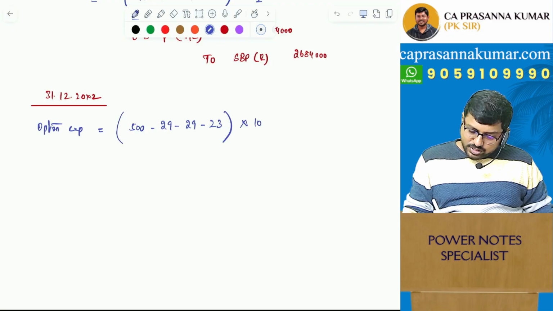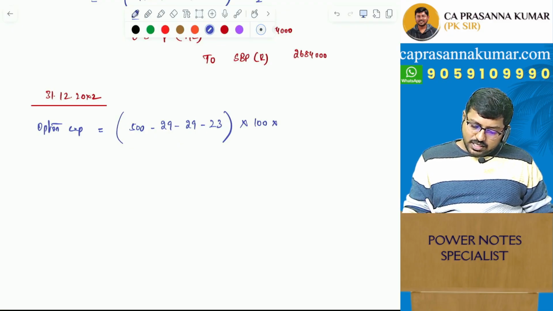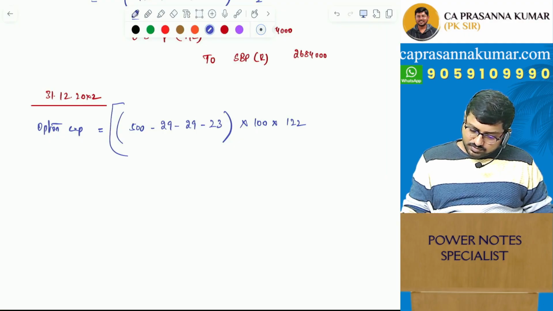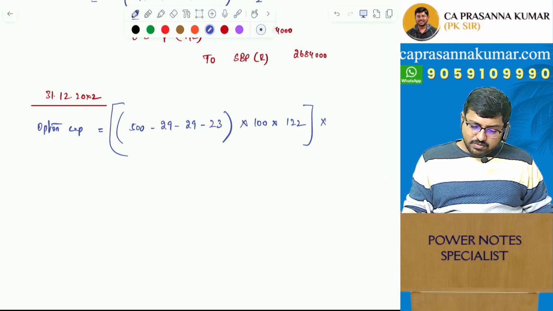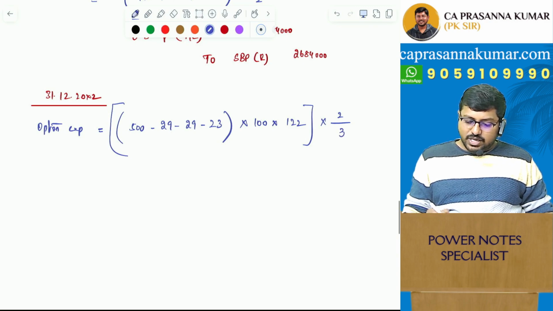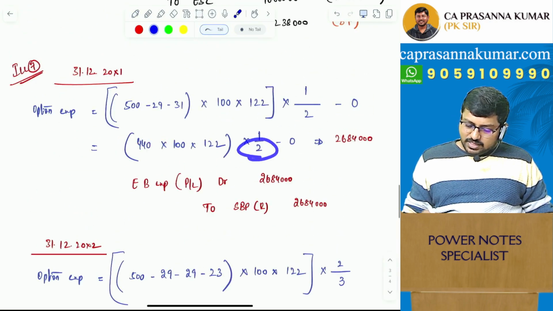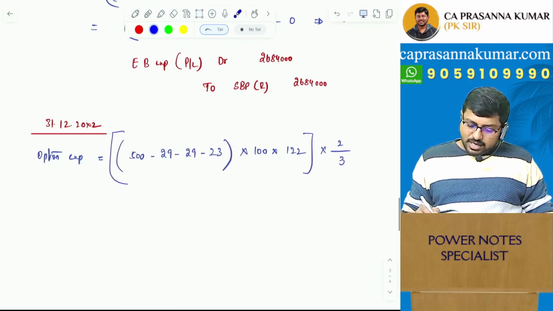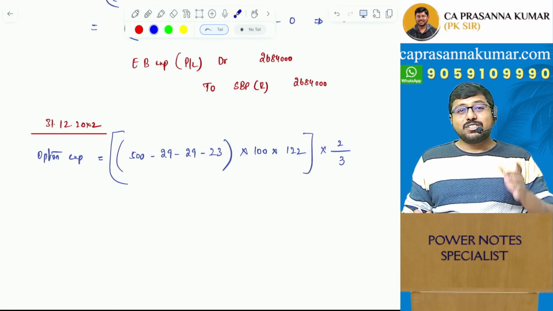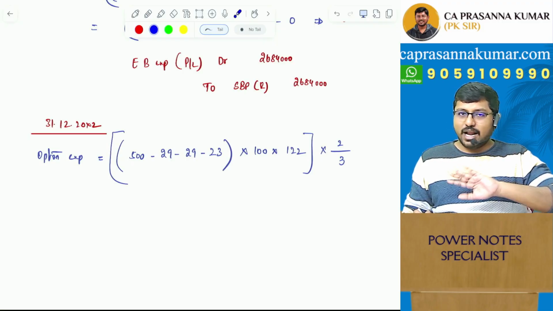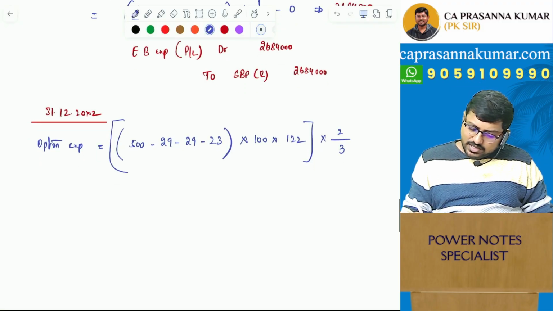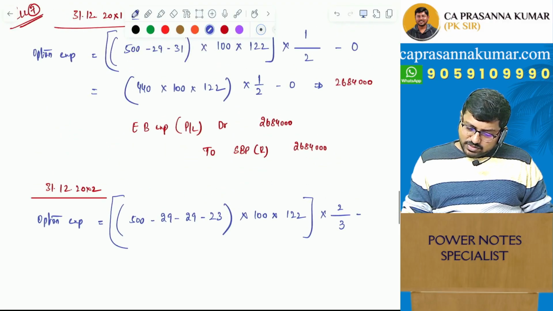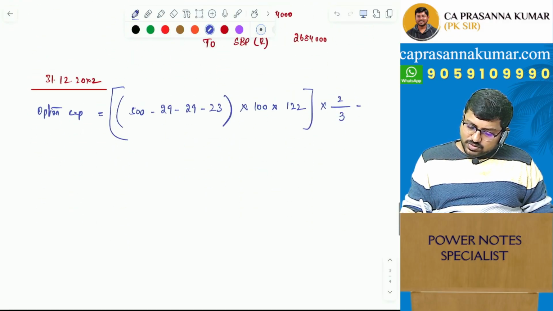Into number of shares, which is 100, into fair value on the grant date, 122, into vesting period completed to total vesting period. Right now it is 3. When you were at the end of year 1, you were expecting that options will get vested at the end of year 2, therefore the vesting period was 2. But right now, because you are anticipating that options will get vested in year 3, the vesting period is 3 and not 2. Minus expenditure recognized in the previous year, which is 26,84,000.